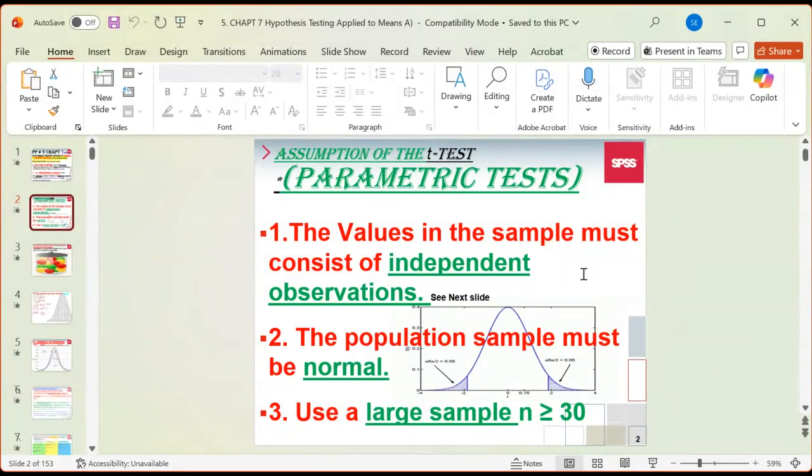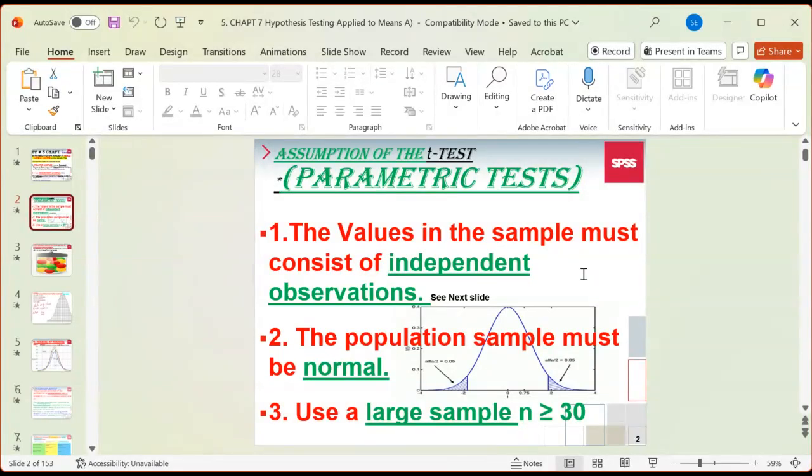And here they are on screen, assumption of parametric test or assumption of the t-test. So this means you're only allowed to use these tests when you meet these assumptions. Otherwise, you're not allowed to use them.